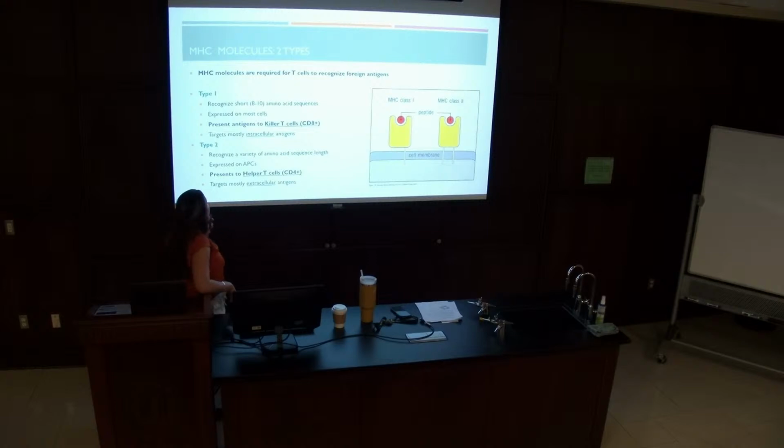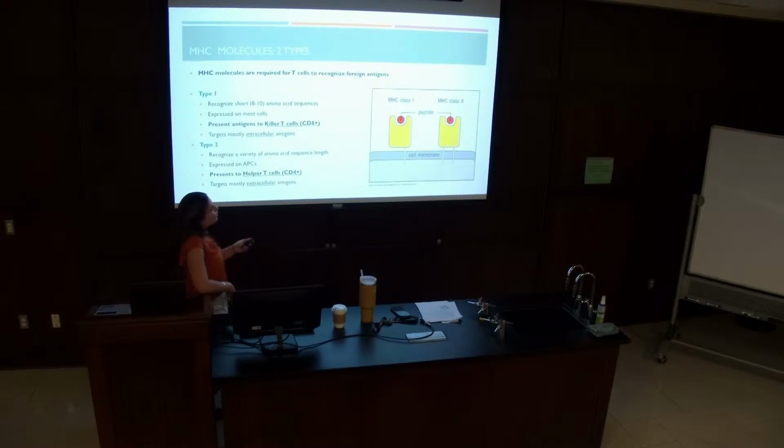Type 2 molecules are expressed on antigen-presenting cells, like dendritic cells and things like that. Type 1 molecules are expressed on most cells. Type 2 molecules are expressed on antigen-presenting cells, and type 2 presents to the helper T cells, or CD4 positive. These ones target mostly extracellular antigens.